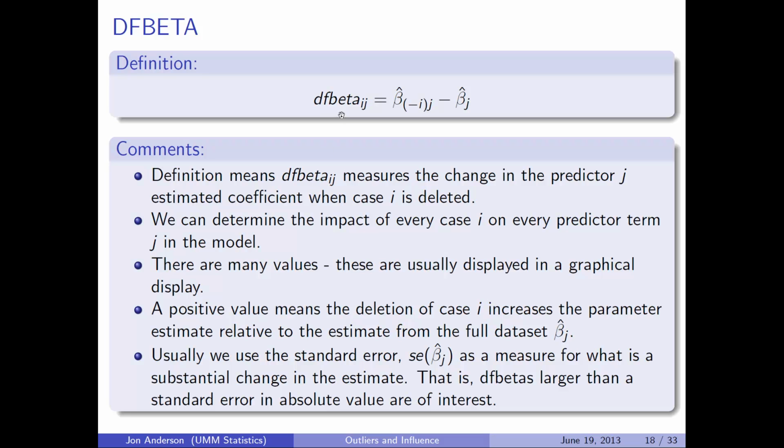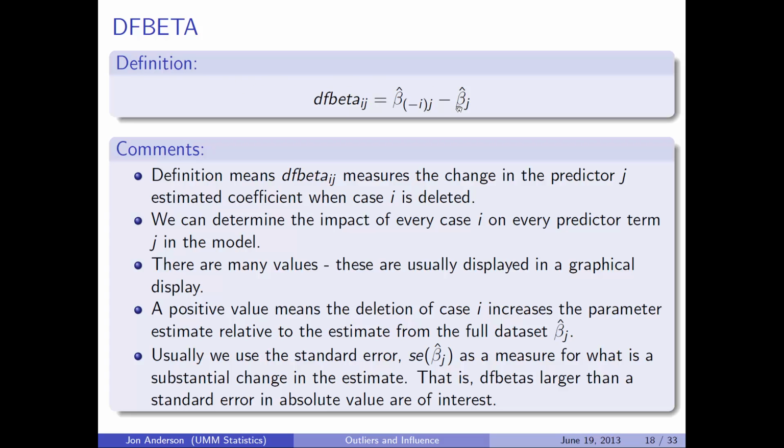The statistic DFBETA has a subscript ij, and what it signifies is the difference between the estimated beta vector for the jth predictor when case i has been removed minus the estimated beta vector for predictor j from the full data. And so what it's going to measure is how much case i changes this particular beta hat estimate, depending on whether the case is or is not in the model.